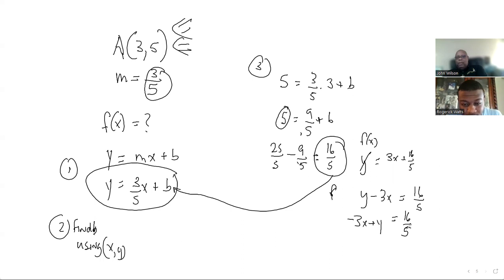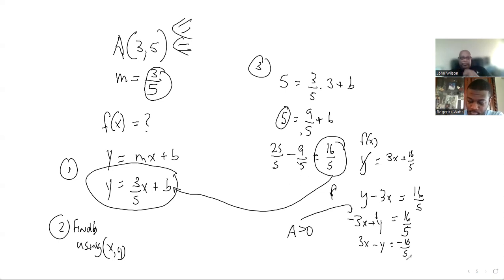It's Ax plus By equals C, but what's wrong? What's wrong with this is that A has to be greater than 0. This is A right here, right? And remember, B is here, it's 1. Ax plus By is C. So the way we make it greater than 0 is we multiply everything by -1. And we get 3/5 x minus y equals minus 16/5.